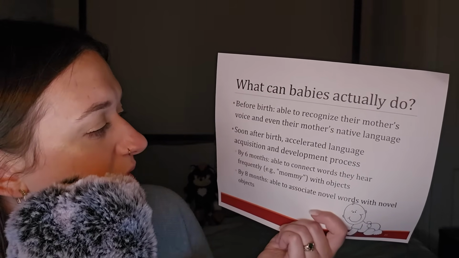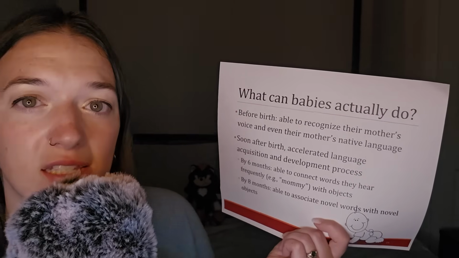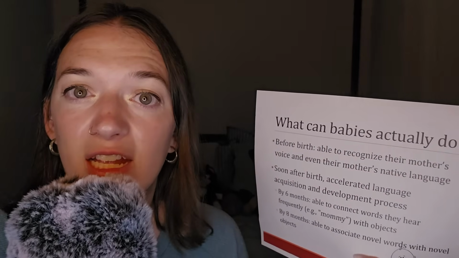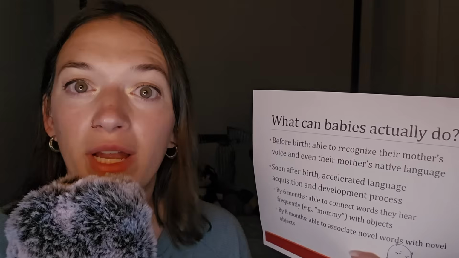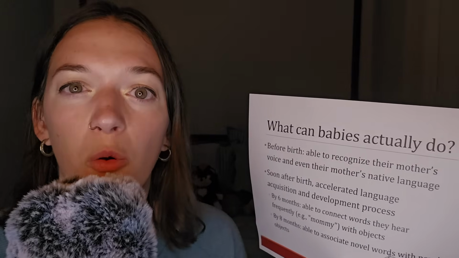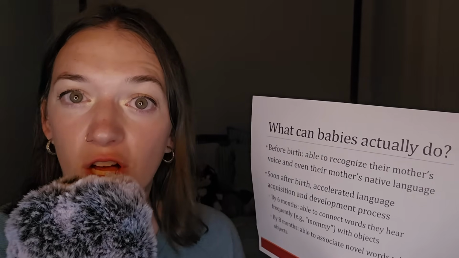By 6 months, they are able to connect words they hear frequently with objects. So even if they cannot produce those words, they could hear point to mama, and they can point to their mother, or point to doggy, and they can point to the dog.